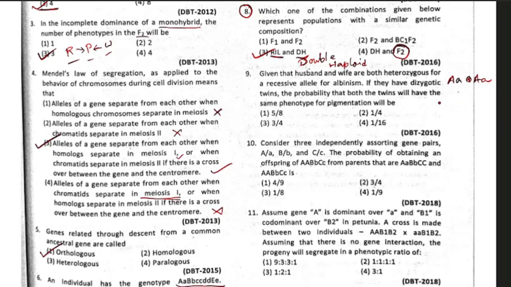If the children are normal, the probability of a normal child is 3/4, and again 3/4 for the second child because two children are there, twins. They are saying dizygotic twins, so two different children. That is 9/16. And if both are diseased, then 1/4 and 1/4, so the probability is 1/16.